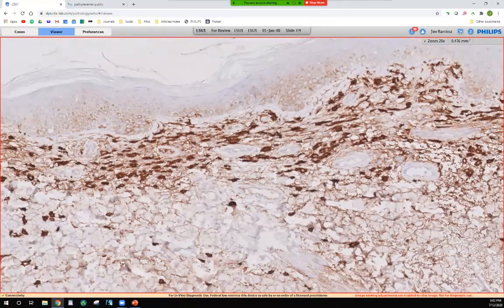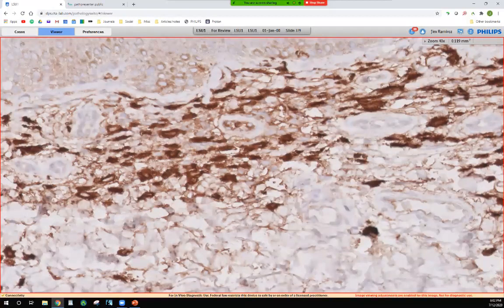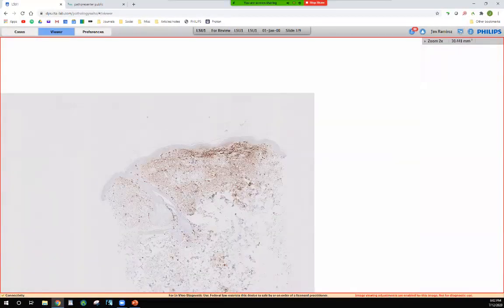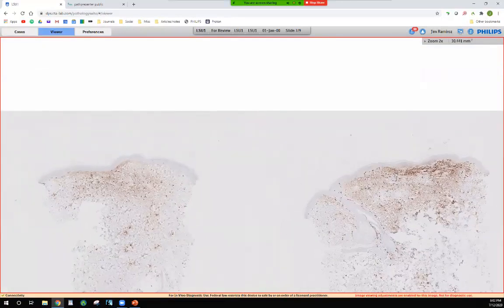And as I said earlier in the talk, the mast cells in TMEP, instead of being that round fried egg look like we were seeing in some of the mastocytomas, tend to be more spindly or fusiform looking. This really shows it very nicely right here. So TMEP is one of the subtle mast cell diseases that we see most commonly, but can also be very, very difficult to diagnose if you don't suspect it.